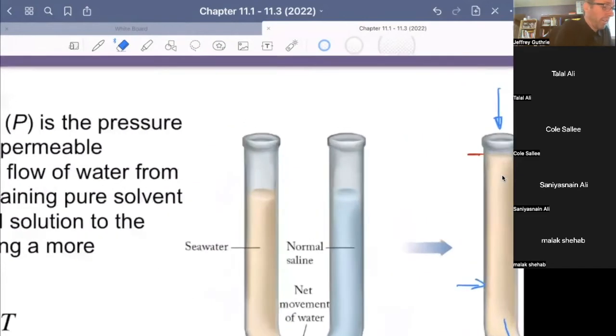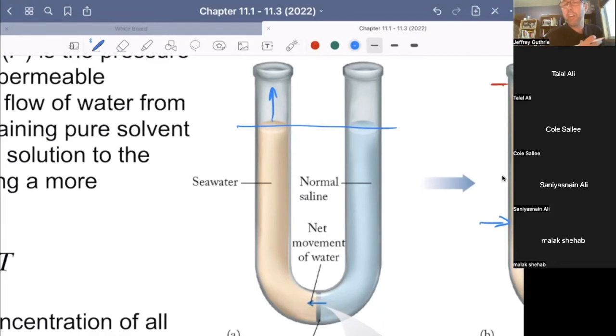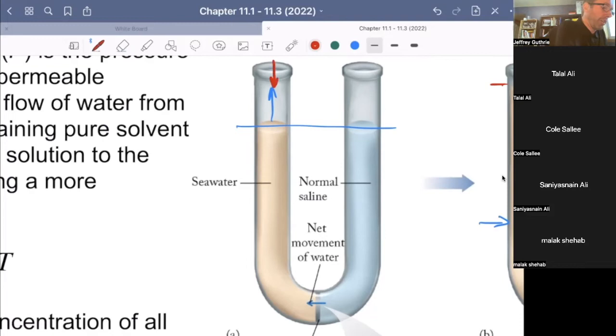This is our starting situation where we have equal amounts of solution on both sides. If you wanted to stop this from moving up, you would have to exert a pressure equal to the pressure that is forcing it to move, right? So the osmotic pressure is how much you have to push down in order to stop that liquid from moving up.